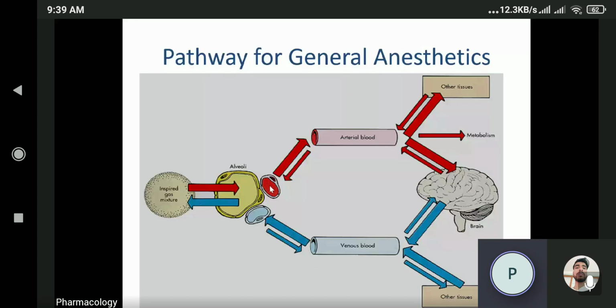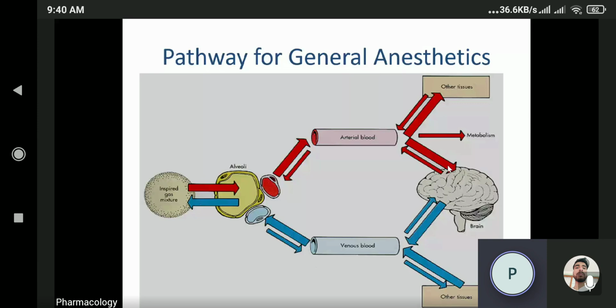From the lungs they will go to the blood, and from the blood they will go to the system, and through the system they will reach various tissues. And since the brain is one of the highly perfused organs in the body, they will reach the brain more rapidly. Okay, so this is how it acts on the brain.